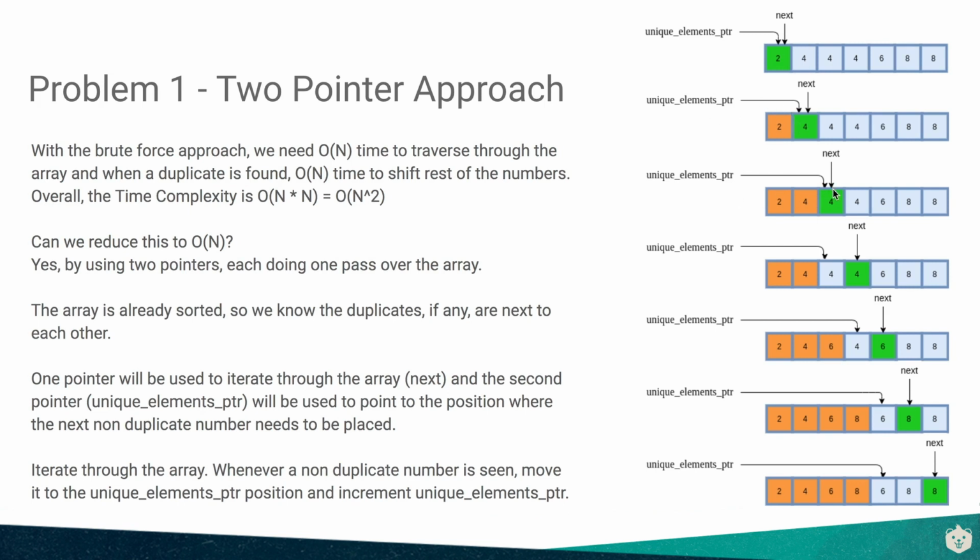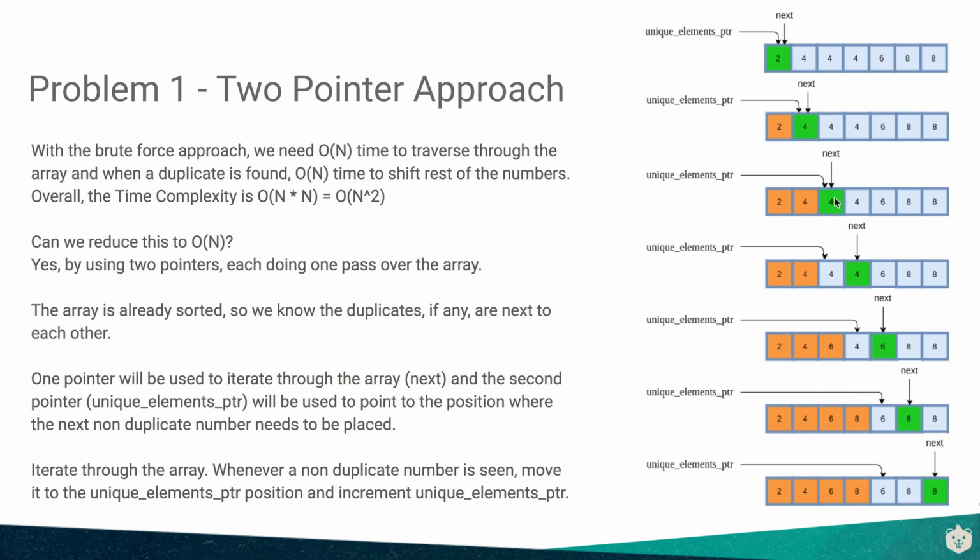And when you move to the next position, now this 4 was unique, so we still move the unique element pointer one step ahead, and the next also gets to this position, so we compare the value at next to the value of the unique element pointer minus 1, right? In this case, when we were here, we compared next, which was 4, to unique element pointer minus 1, which was 2, so it was unique, so we incremented the unique element pointer, so it got to this place.